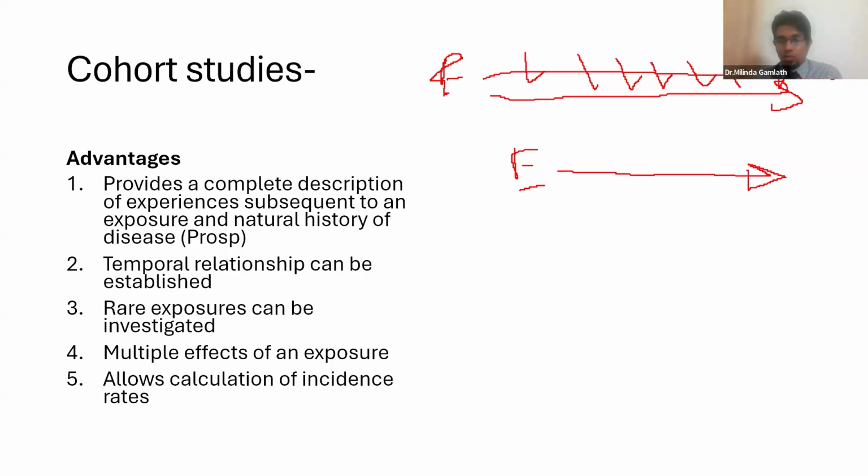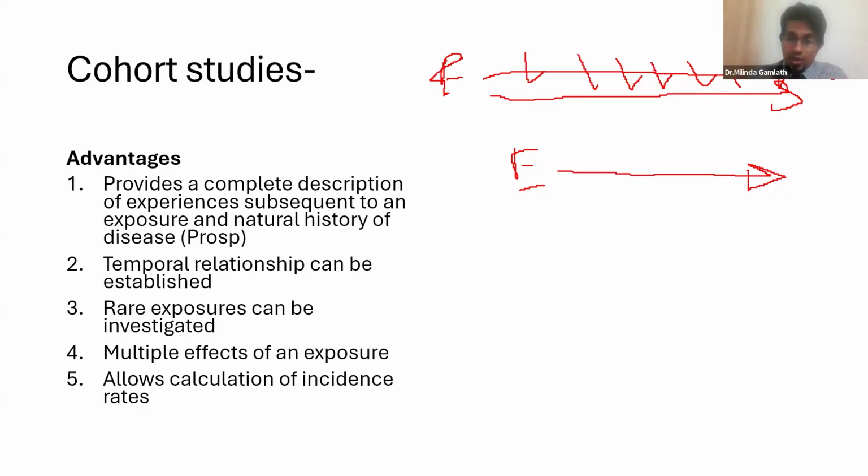For example, if you have a patient with lung cancer, and you think that patient developed lung cancer because of smoking, that patient should have started smoking before developing lung cancer. Then that's somewhat of a clue that smoking causes lung cancer. So then you can establish a temporal association. Why? The exposure came before the outcome. The cause came before the effect, right?